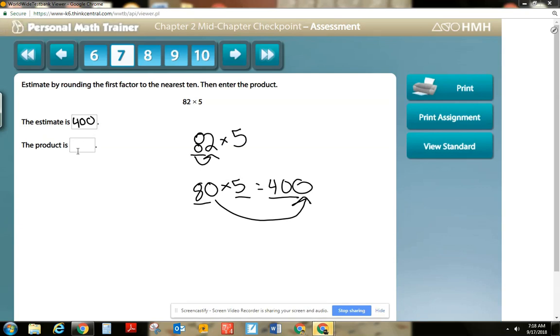Now I actually have to find the exact product. 82 times 5. I'm going to break it up as an 80 and then as a 2. Right?